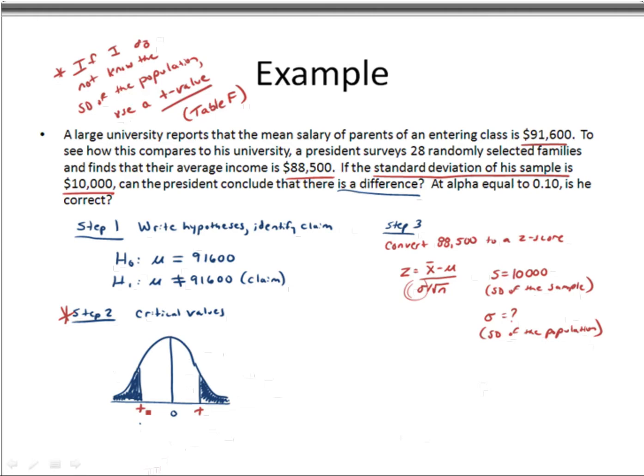So remember that table F is based on degrees of freedom, which is going to be your sample size minus 1. And before, when we used table F, remember we used the top row for confidence intervals.